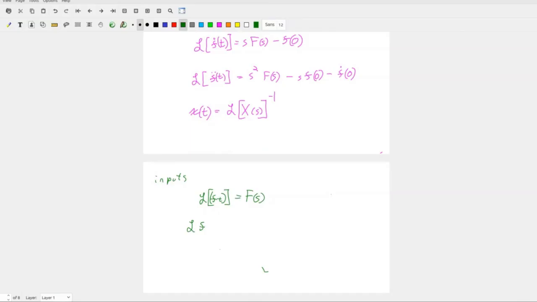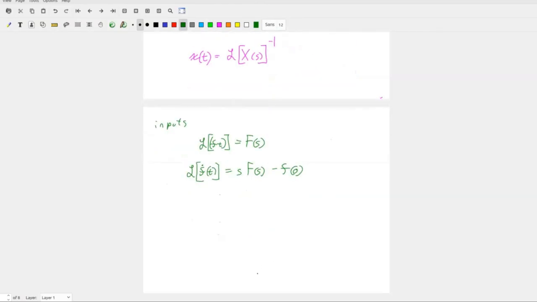The Laplace of f dot of t is equal to s F of s minus f naught. And then the Laplace of f double dot of t is equal to s squared F of s minus s f of 0 minus f dot of 0.